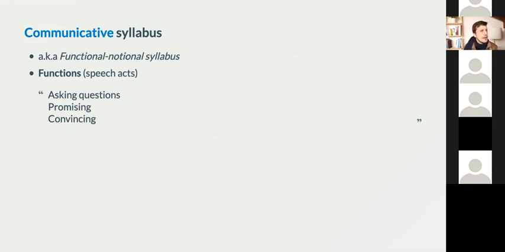In pragmatics, there is a thing called the speech acts theory, created by Austin and Searle. Los actos de lenguaje, creo. Actos de habla. I'm not sure how it is in Spanish. These speech acts are all the things that you do with language.